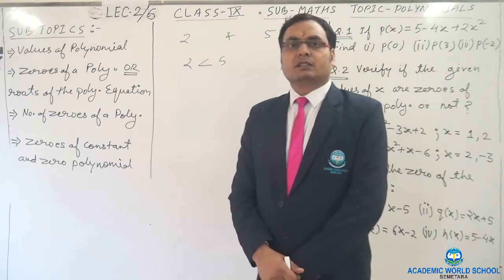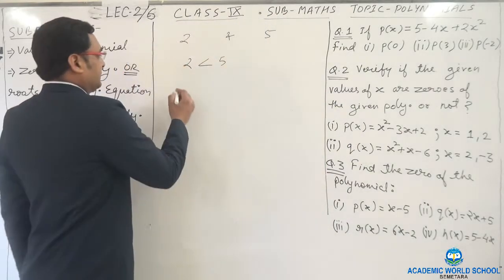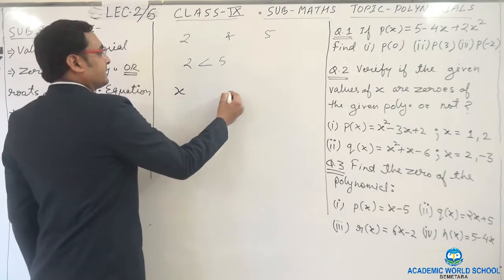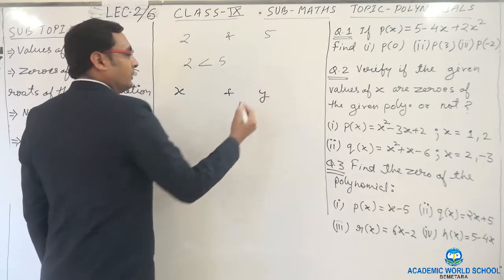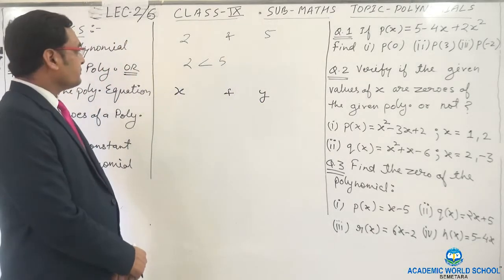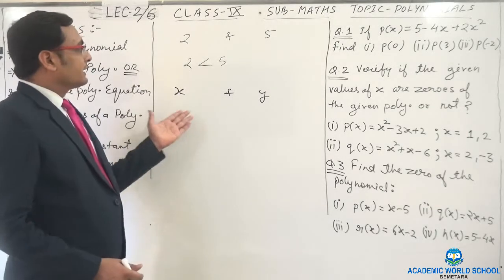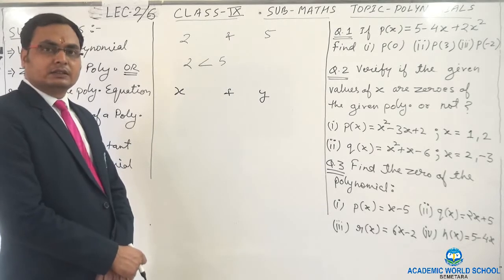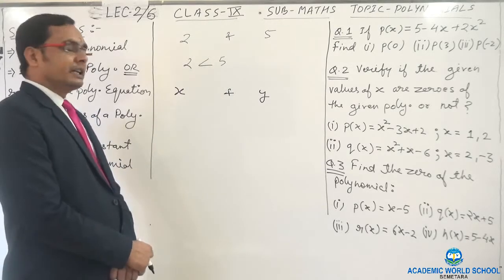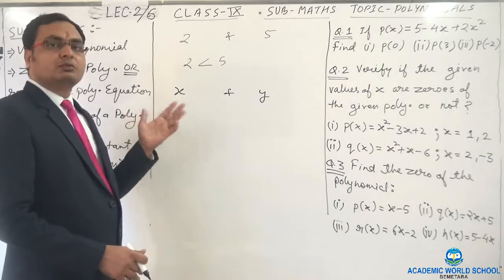But suppose we are given variables x and y. If I ask the same question from x and y, which one is greater? Now we cannot say whether x is greater than y or smaller than y.